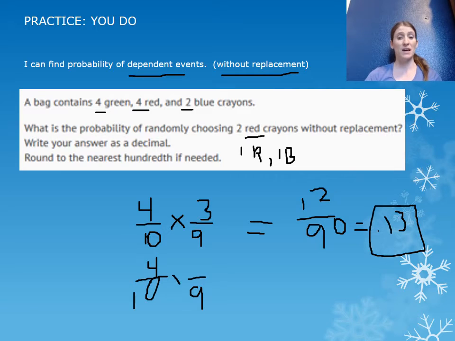But then, because it says 1 blue, I don't subtract 1 from the top. I just take the blues that are up there, and there's 2 of those. So that would be 8/90ths. And then we could find the decimal from there. Okay, I think that's it.